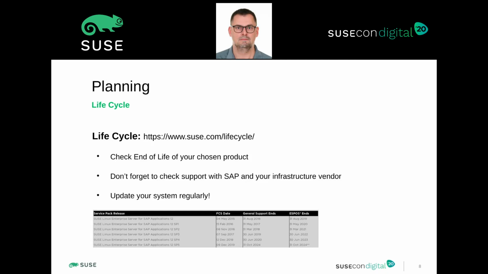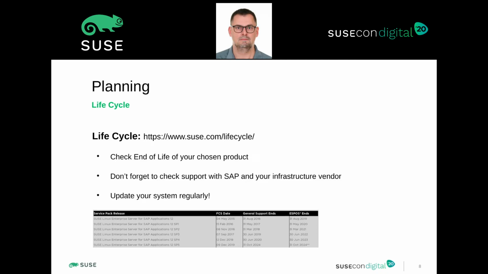And please update your system regularly. I mean normal patches. If you open a support ticket with us and your software, especially the kernel or glibc, so the basic core packages, is older than, let's say, half a year, you will be asked to do an update first, because it's impossible to maintain all patches for all the systems.